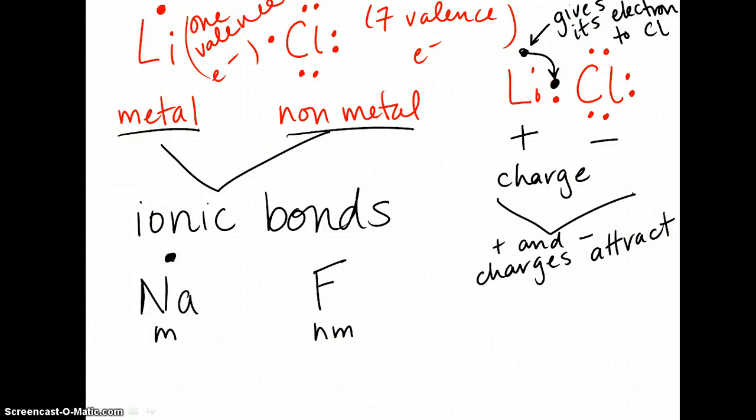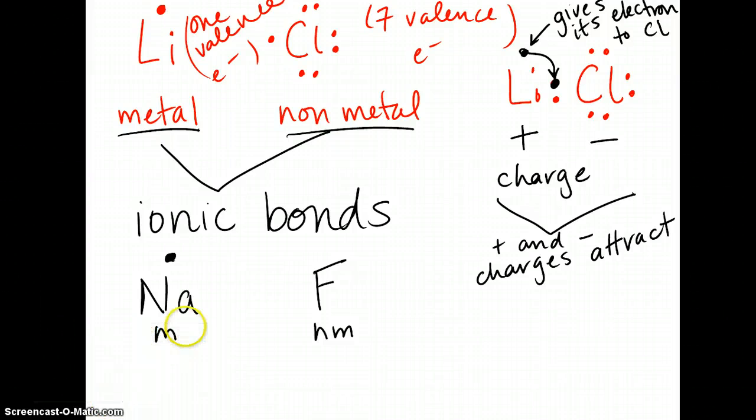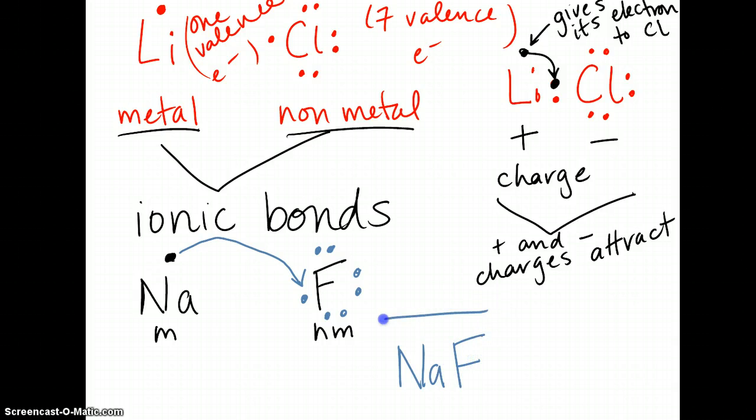Fluorine, on the other hand, I'll use a different color, has 7 electrons. All right? What's going to happen is sodium is going to give its electron to fluorine. And now you have sodium with fluorine together. That is its chemical formula. Those are ionic bonds.